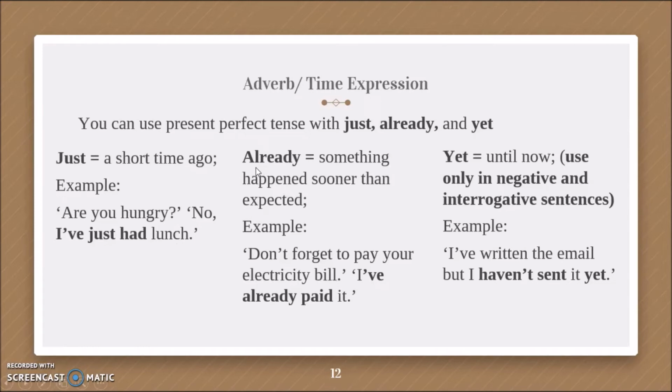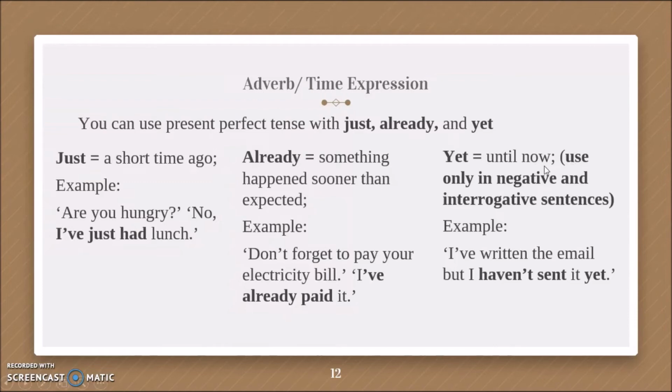The second is already. Already means something happened sooner than expected. For example, don't forget to pay your electricity bill. I've already paid it. I've already paid it means we already paid the bill even before someone reminds us. Yet means until now.